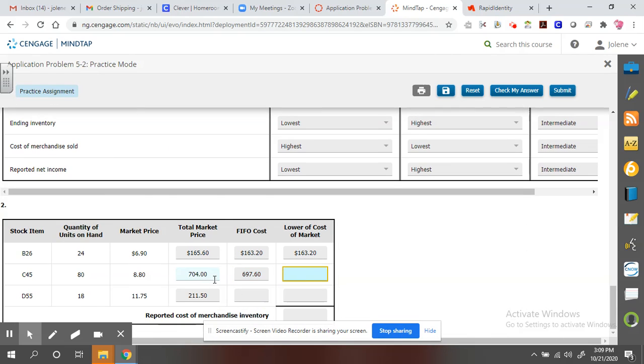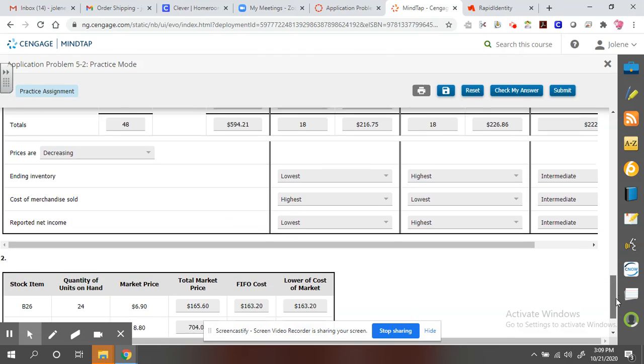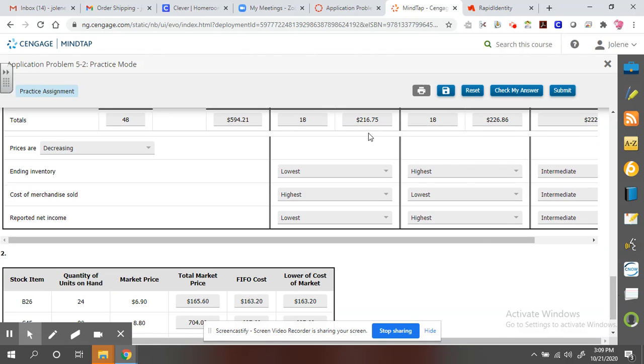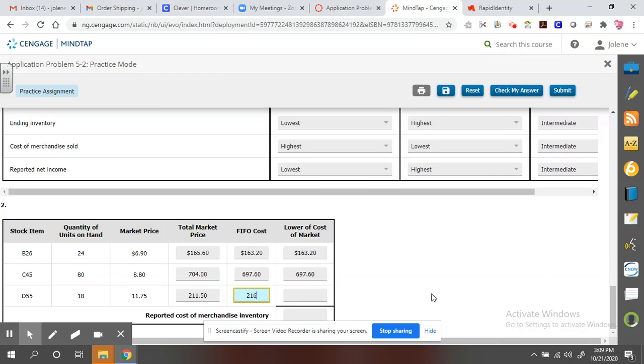So between these two, I'm taking the lower of it. Now I got to do the same thing for this last product. I got to go and find the FIFO amount, 216.75. I got to look at these two, and in this case, the market price is the lower. So I'm going to take that one. 211.50.